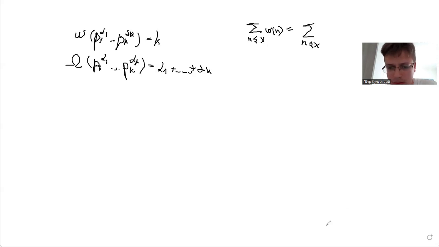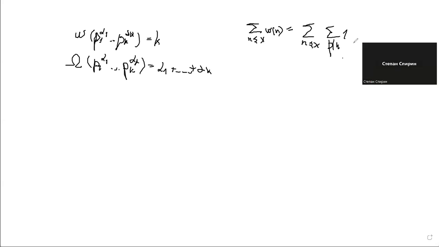I want to say that this is the sum of the primes which divide n. Does anyone hear me? Maybe my sound is off. I hear you. Okay, and here we can change the order of summation. What will we have?